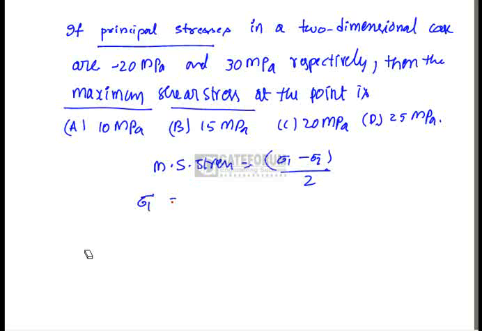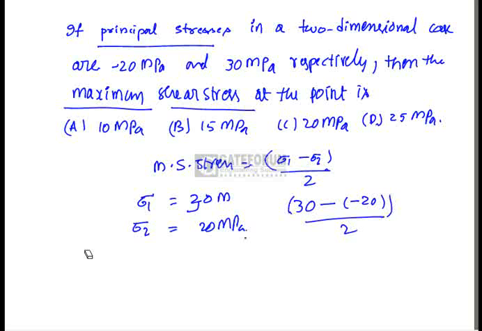We know sigma 1 is equal to 30 MPa, and sigma 2 is equal to minus 20 MPa. So it is 30 minus of minus 20 by 2, that is equal to 50 by 2, that is equal to 25 MPa. Answer D is correct.